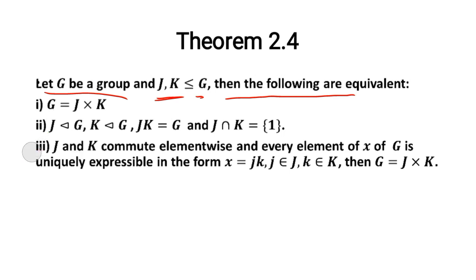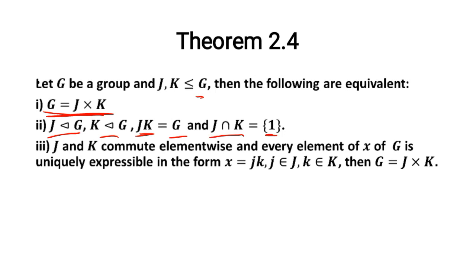So these statements are equivalent. The first one says that whenever you have that G is a direct product of J cross K, then this must hold. J will be normal in G, K will be normal in G. The product JK will give us G, and the intersection of J and K will definitely be the identity.